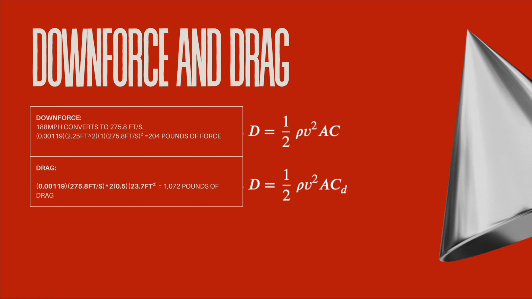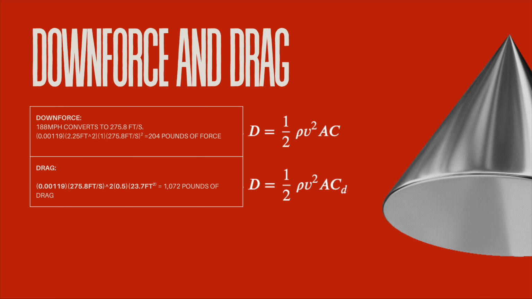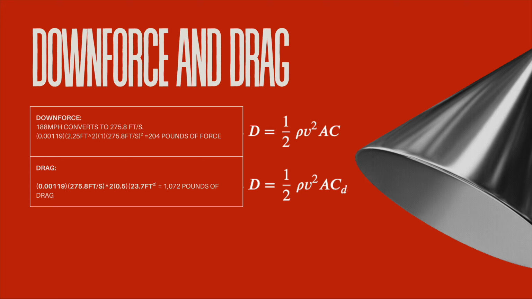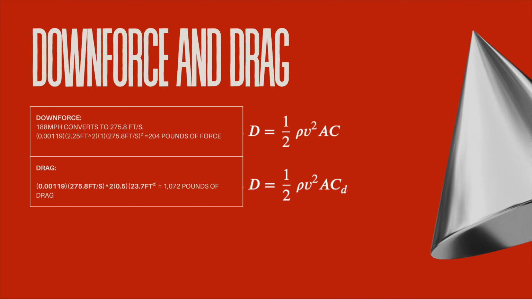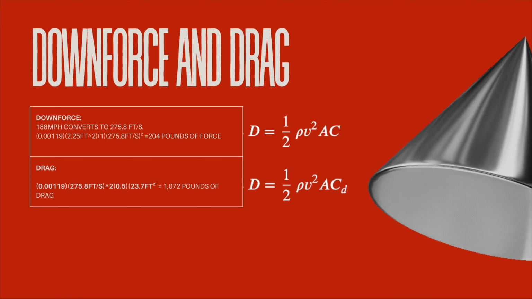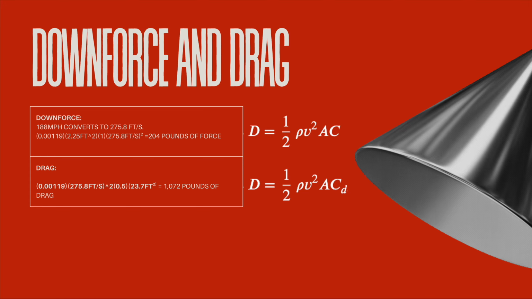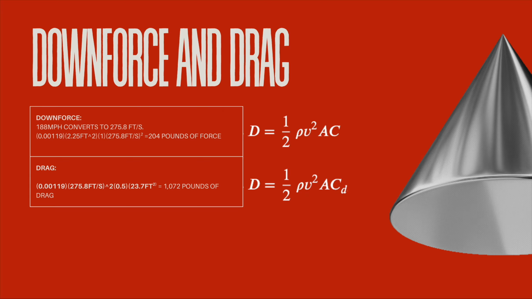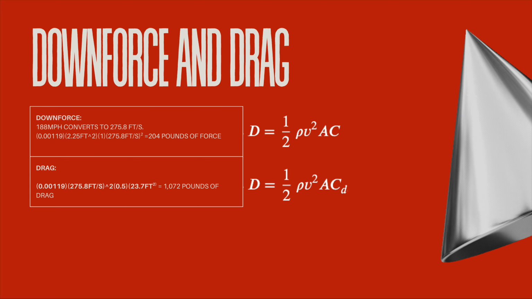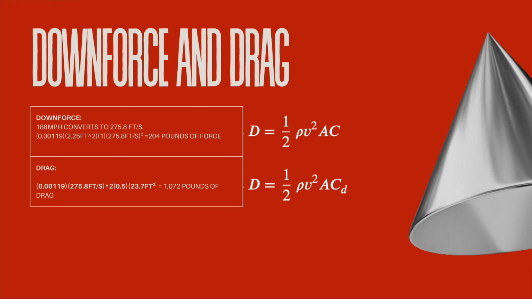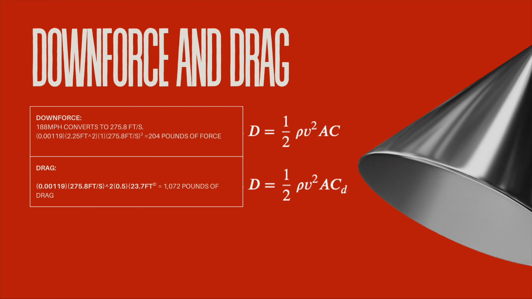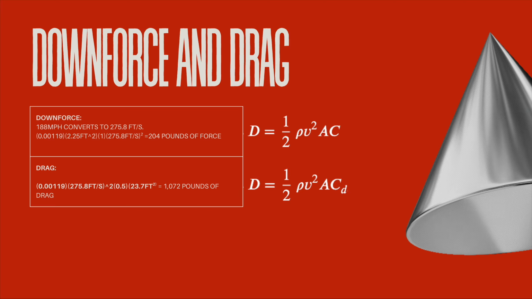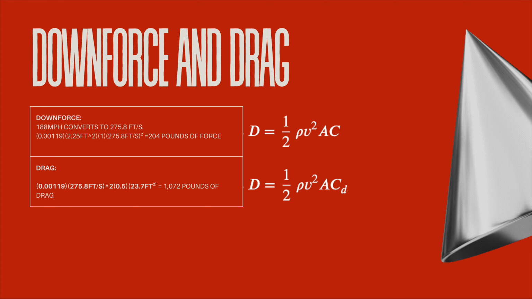In NASCAR, drag is air resistance that slows cars down. So it's crucial that engineers minimize this through streamlined designs. The NASCAR drag equation uses the standard aerodynamic formula, where we have D as drag force, rho is air density, V is velocity, CD is the drag coefficient, or shape and efficiency, and A is the car's frontal area in square feet.